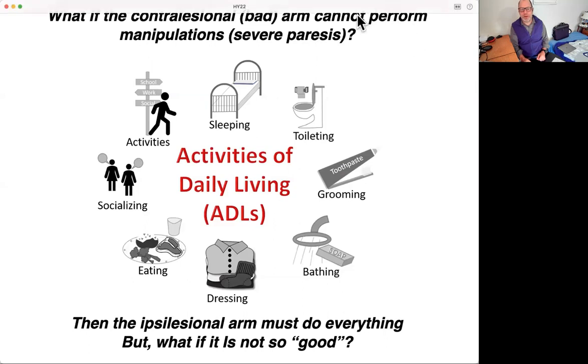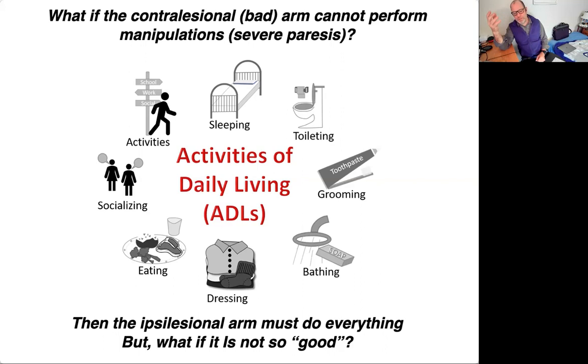So I want to throw out right now, what if the contralesional or bad arm can't perform manipulations? You have severe paresis. So all of these things called activities of daily living, basically taking care of yourself every day. If you can't open and close your hand functionally, then the ipsilesional or the good arm has to do everything.